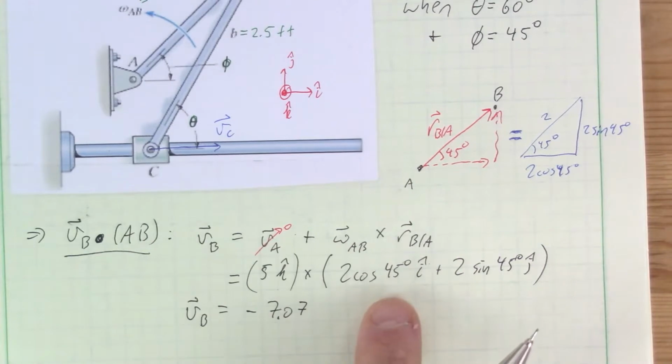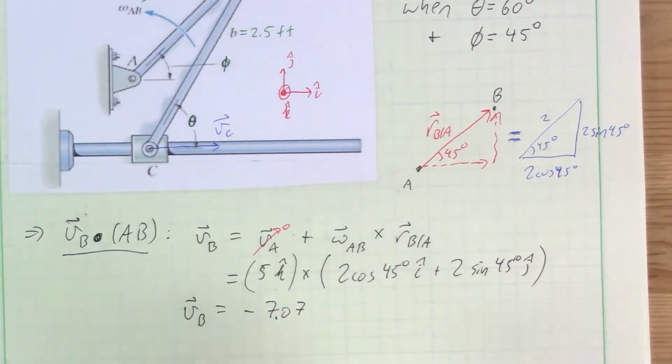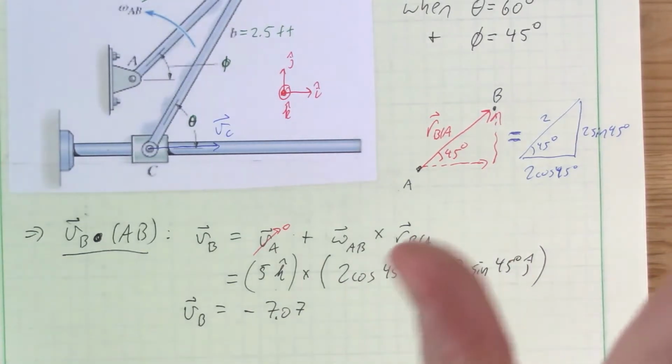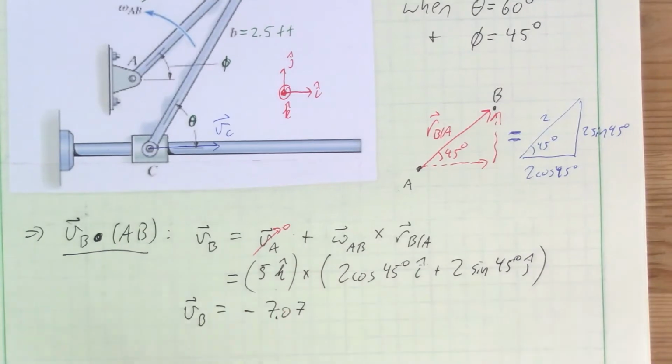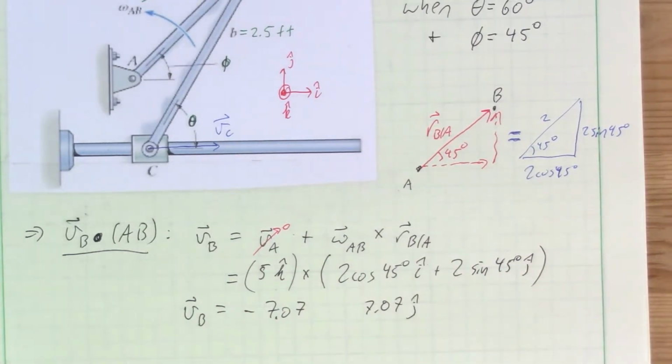Both cosine 45 and sine 45 are root 2 over 2, so that's the one angle where those are exactly the same. So we should get the same magnitudes, the same coefficients for the i hat and j hat, but which one's positive, which one's negative? Well, k cross i is positive j, so the j hat component is positive.